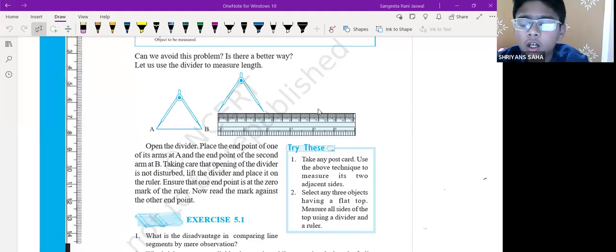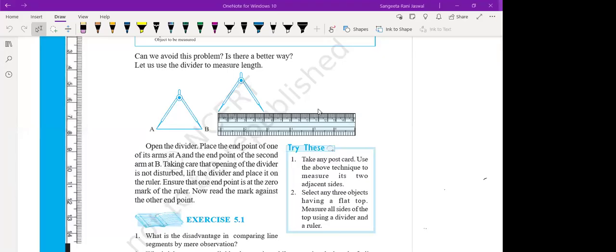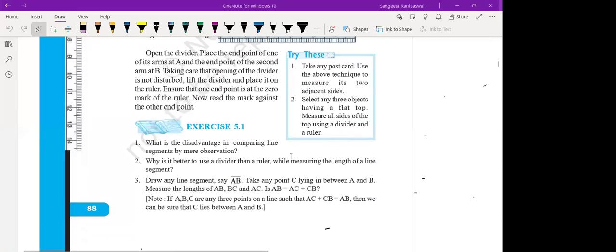You have to use a divider. Now, what is the purpose of using a divider? Suppose you are measuring some line segment and I say you use a divider, why not a ruler? Who can tell me?